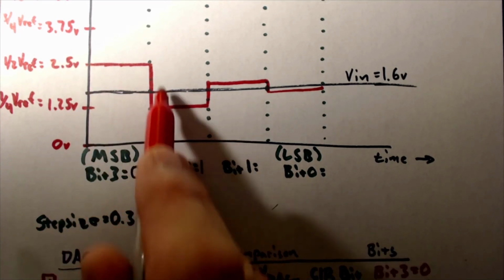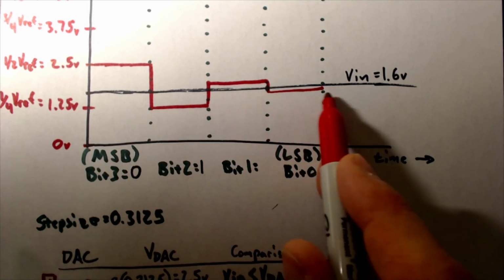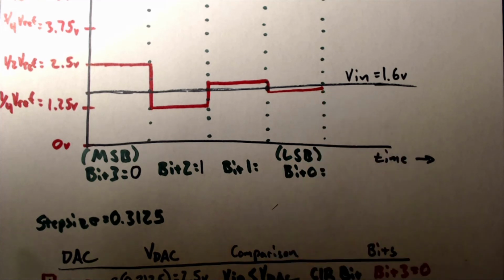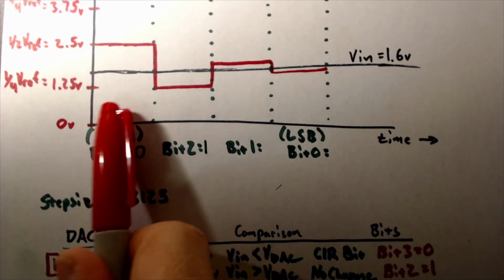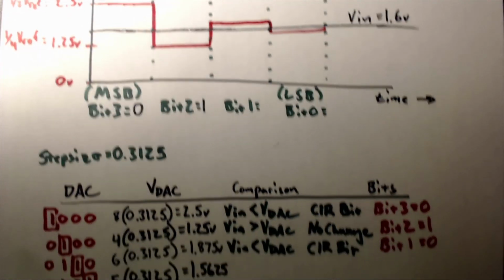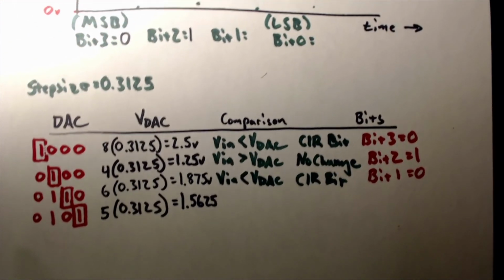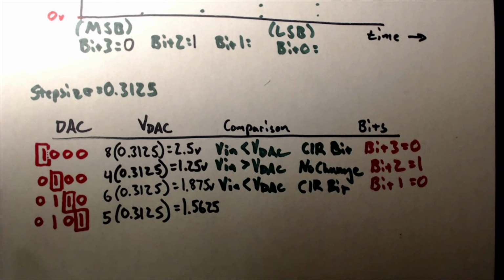So each time as we go through this, we're getting closer and closer to finding what Vin is. You can almost think of this as kind of like a binomial approximation. You're getting closer and closer to where it intersects Vin. It's kind of why I like to show it this way. Okay, but let's do what the algorithm tells us to do.